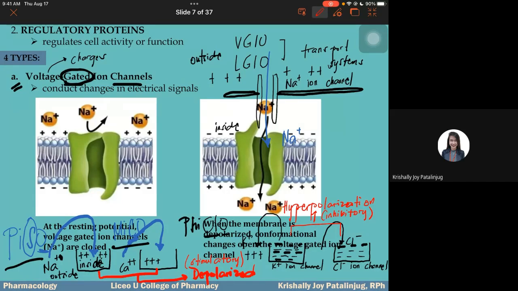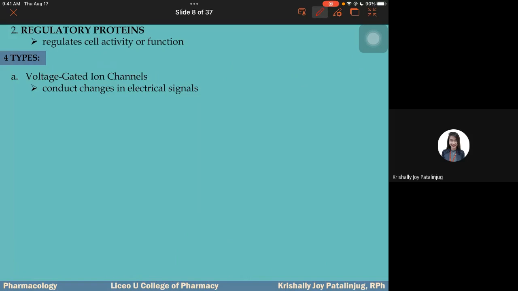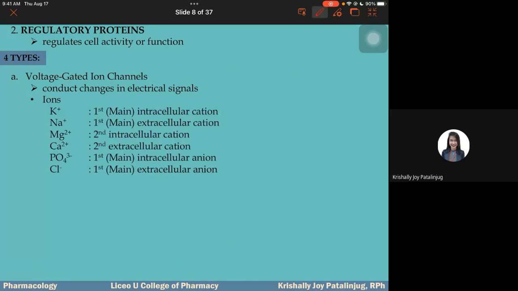Okay, so that's how a voltage-gated ion channel works. And it's an example of a regulatory protein. It's a transport system. What molecules are being transported in a gated channel? Ions. Okay, since I have mentioned ions, you can just review this.